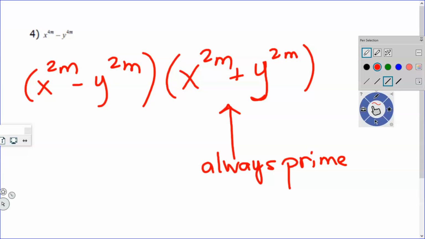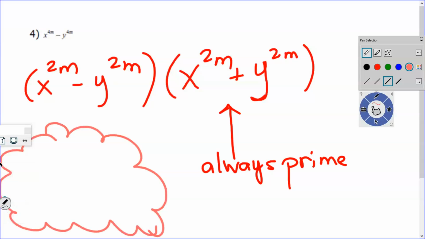We're not pulling out i's and doing all that weird imaginary stuff. Let me show you why it's prime. You can write this down if you want. I'm just going to show you a little side example. Up to you. I don't care. You'll get this as soon as I show you. The reason why you cannot factor a sum of 2 cubes is or 2 squares.